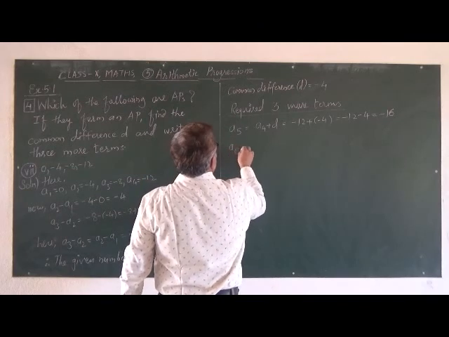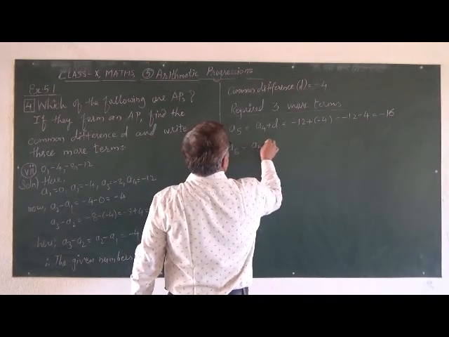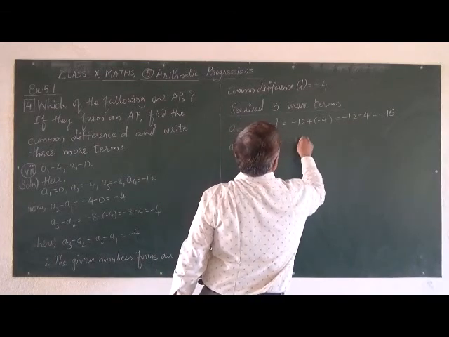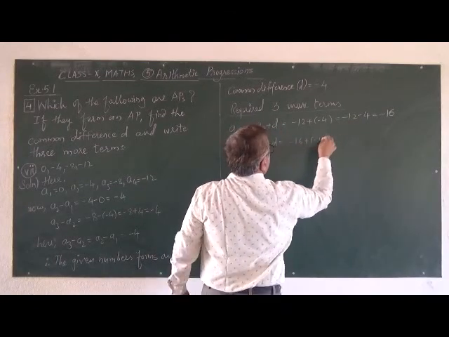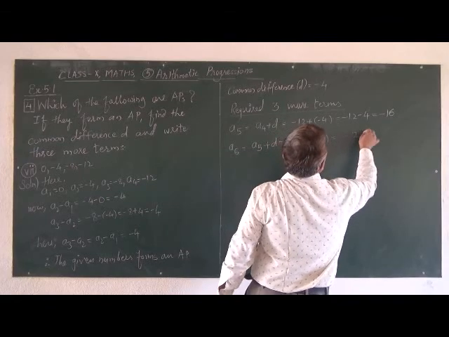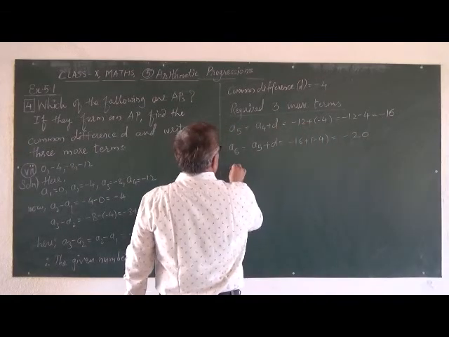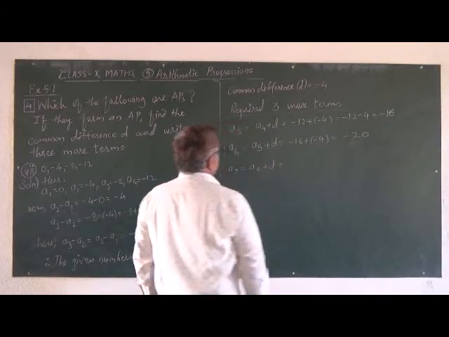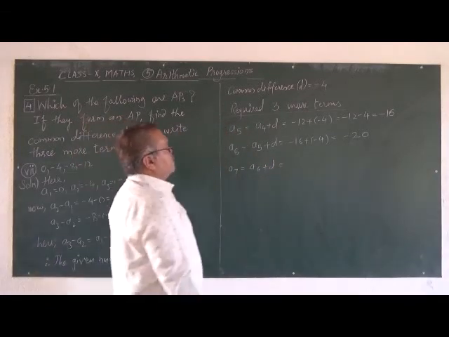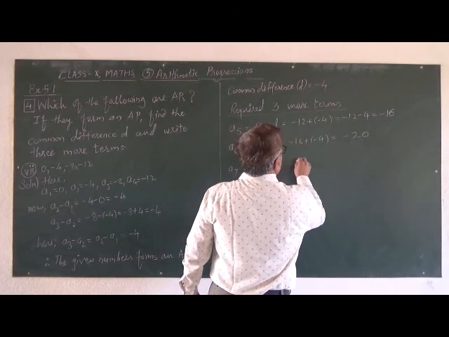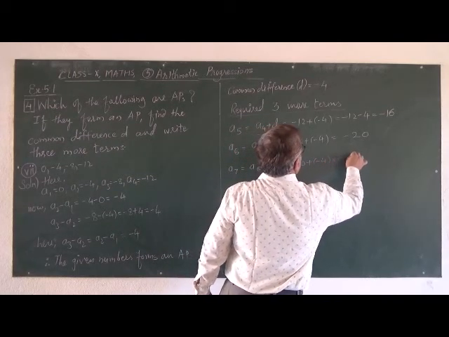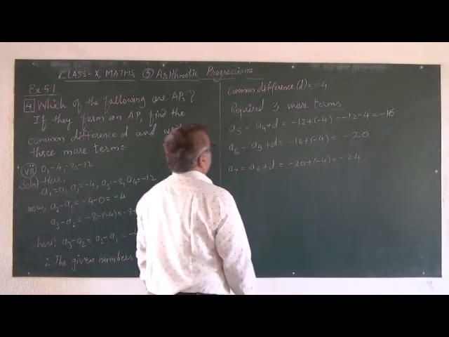Then A6 can be calculated as A5 plus D. What is the 5th term? It is minus 16 plus minus 4. That is minus 20. And the last term, that is the 7th term, A7 is equal to A6 plus D. So minus 20 plus minus 4 is minus 24.